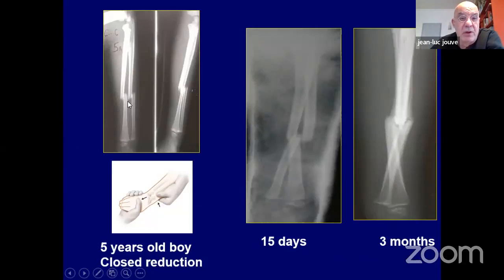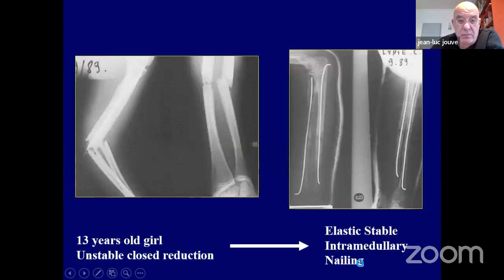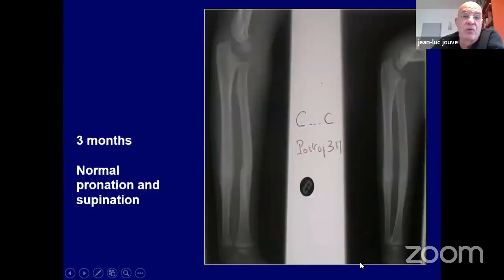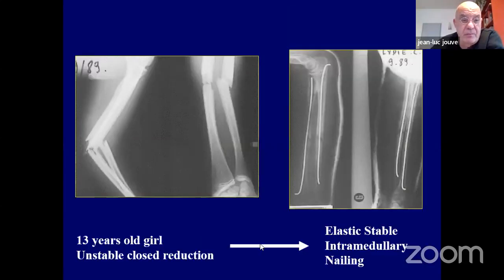Another example with translation: you can do reduction with traction, and you can push the distal fragment, and you see the result at 15 days, at 3 months, and you will obtain a good result at 3 months with a normal pronosupination.